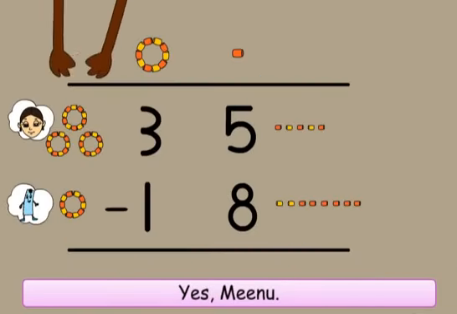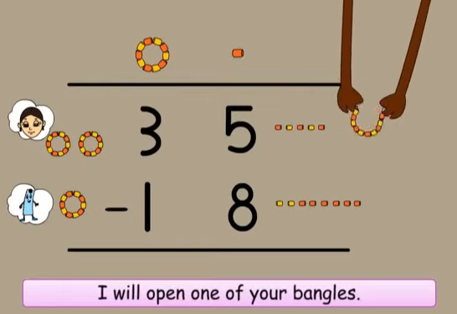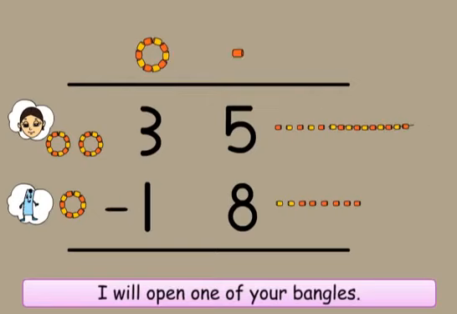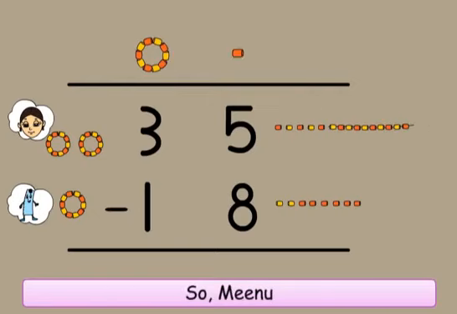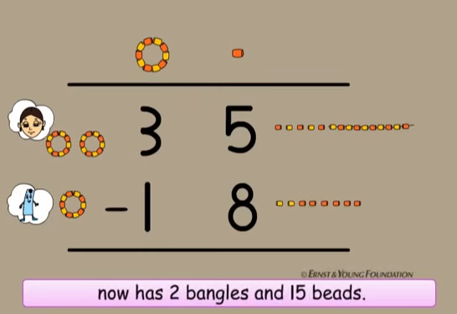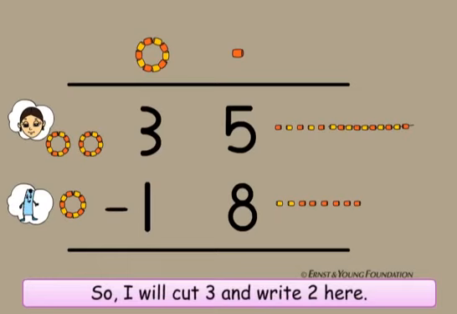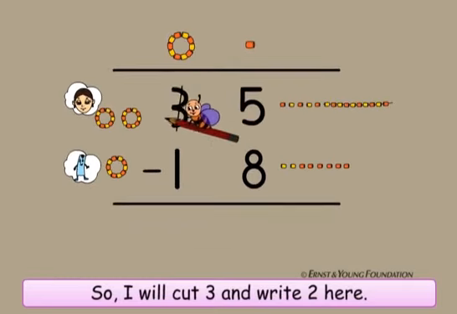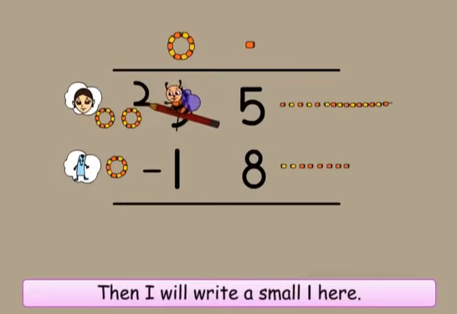Yes, Meenu. I will open one of your bangles. So Meenu now has 2 bangles and 15 beads. So I will cut 3 and write 2 here. Then I will write a small 1 here.